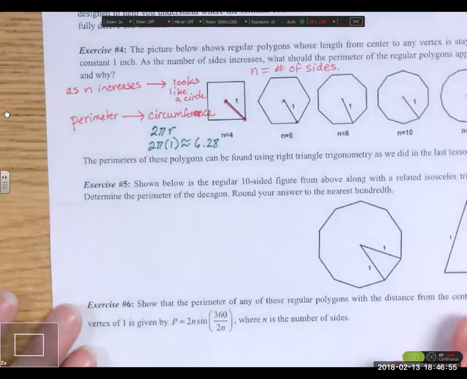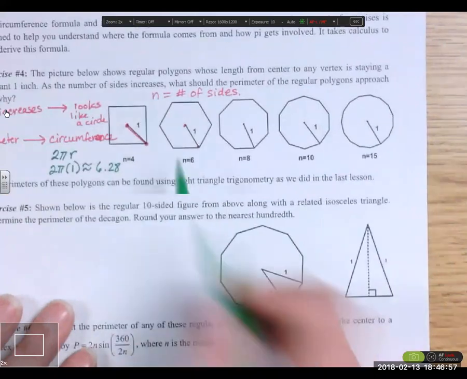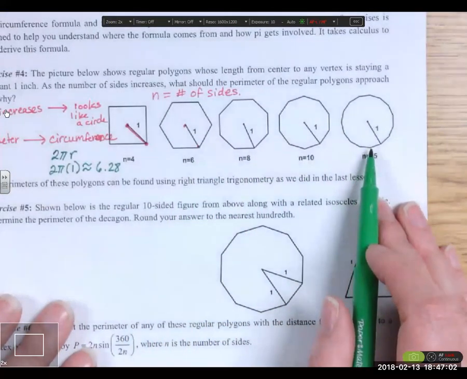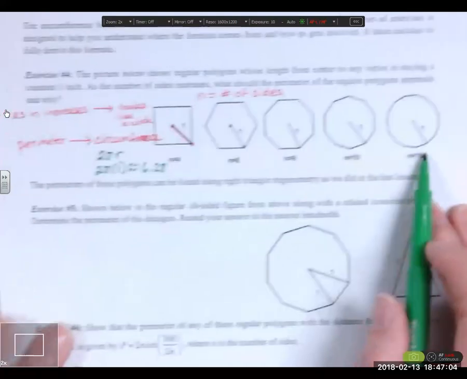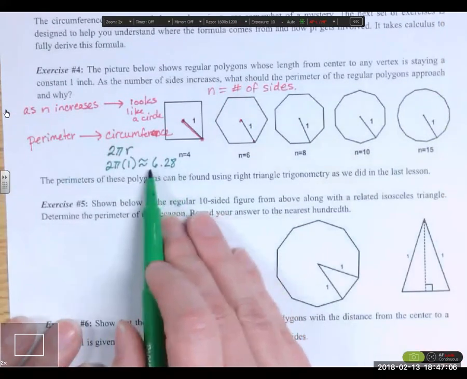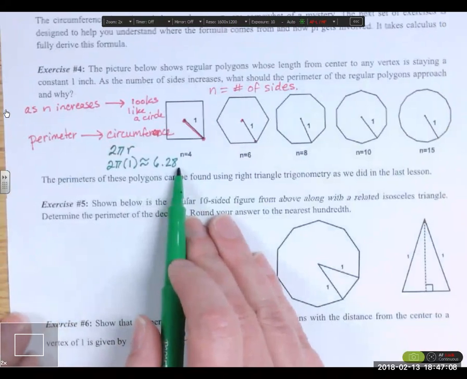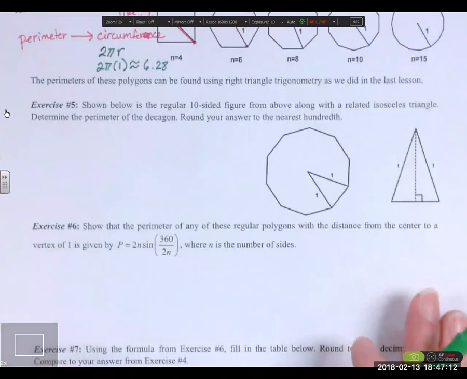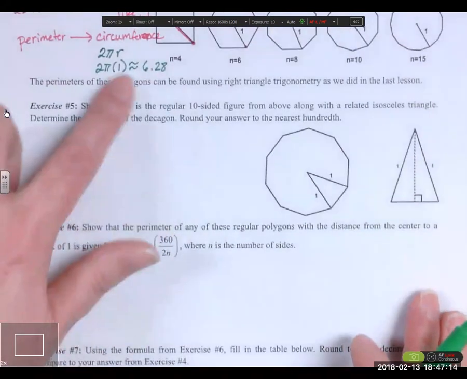So what are we saying? If I just keep adding more and more sides, my polygon starts to look like a circle, and my perimeter starts to get closer and closer to 6.28. Now exercise 5. We did this in the last lesson, but I'm going to use it as a point to come back to this.